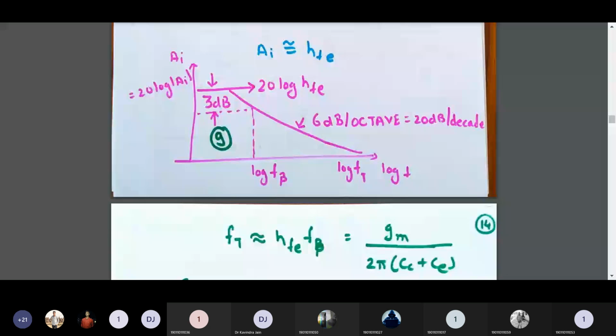The value of fT is 80 megahertz. The value of f beta is 1.6 megahertz.